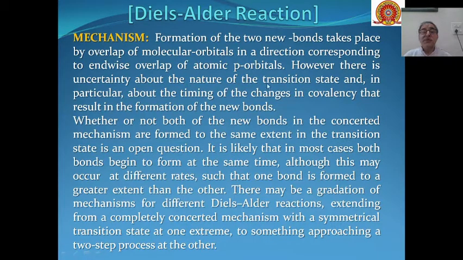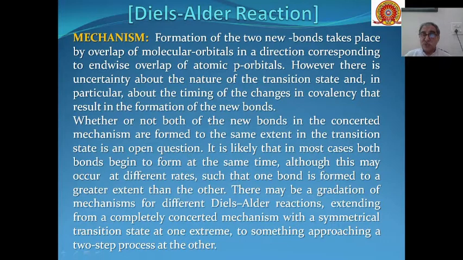However, there is uncertainty about the nature of the transition state and in particular about the timing of the changes in covalency that result in the formation of new bonds. What the nature of the transition state is, is still not very clear, and whether or not both of the new bonds in the concerted mechanism are formed to the same extent in the transition state is an open question.